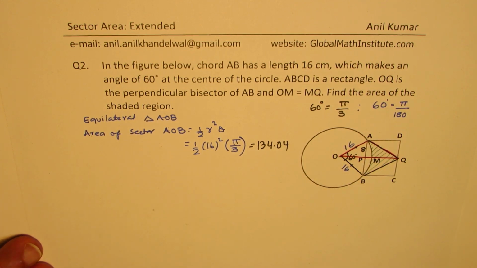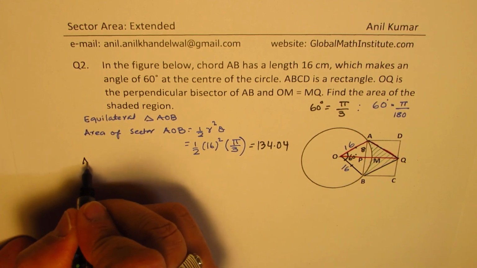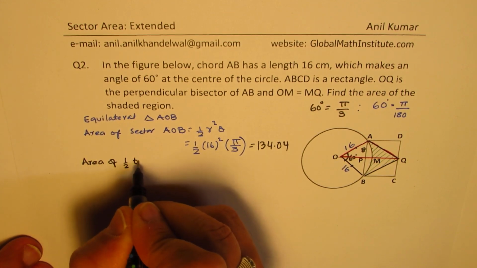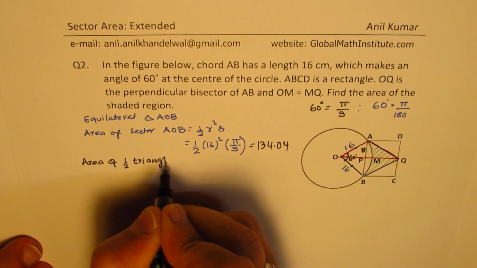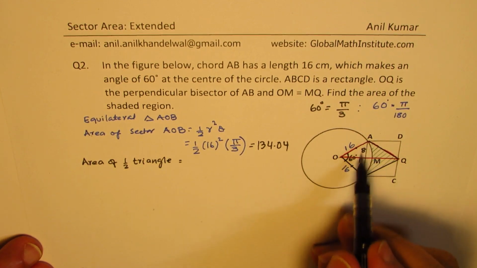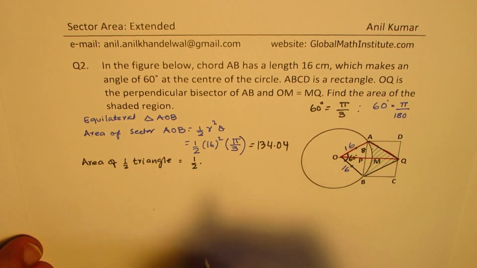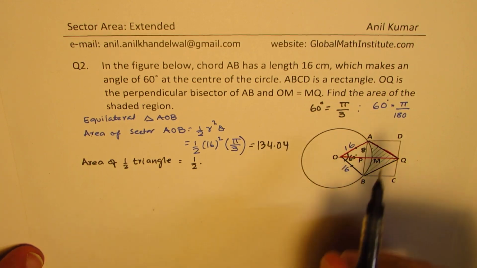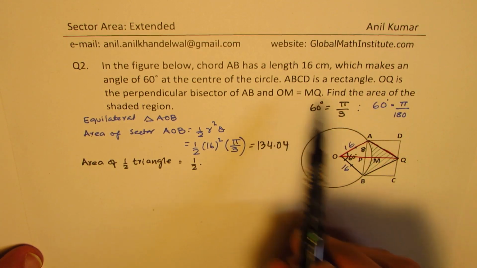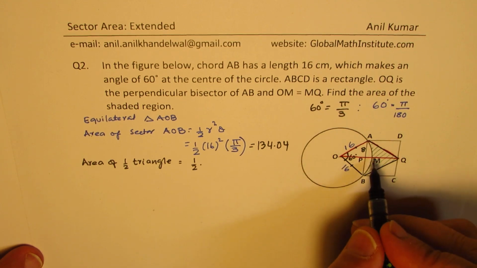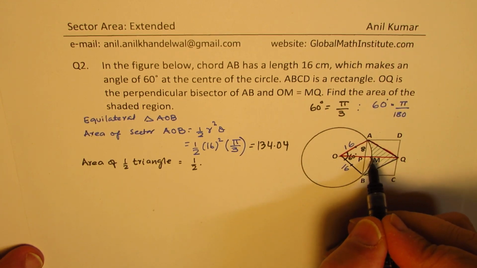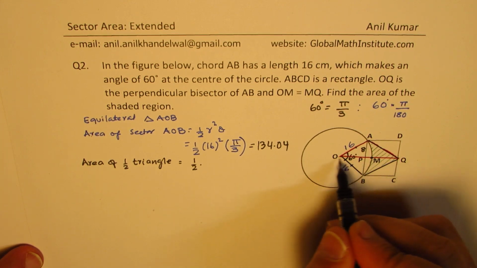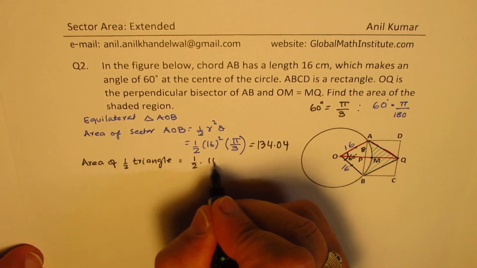So area of half triangle is base into height times half. Base is O to Q. Now we are also given that O to M is M to Q. We know these two sides are equal, correct? So O to M is the radius, so OQ is 16.